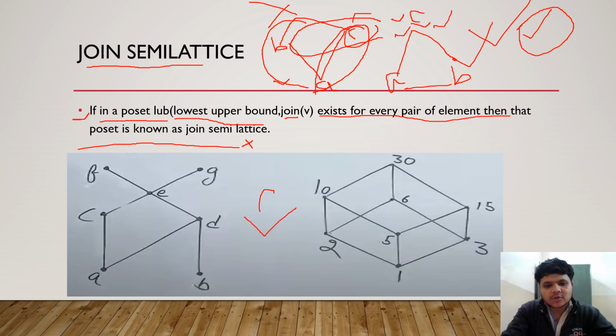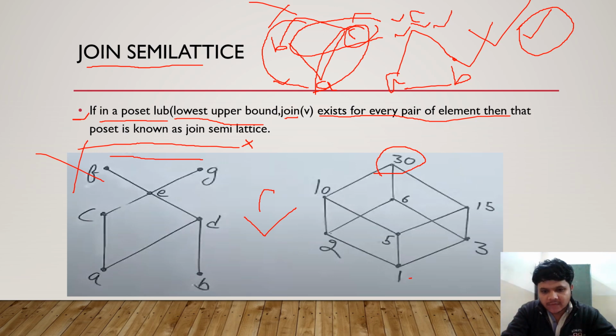So coming to these two pictures, see, is there any upper bound in this picture for F and G? No. So directly we can say that this figure is not a join semilattice. Now see here, 30 is the single top. So now we can consider this figure for finding whether it is a join semilattice or not.